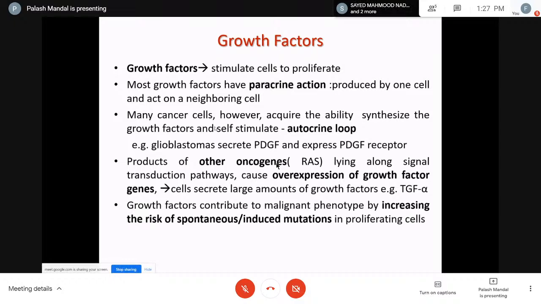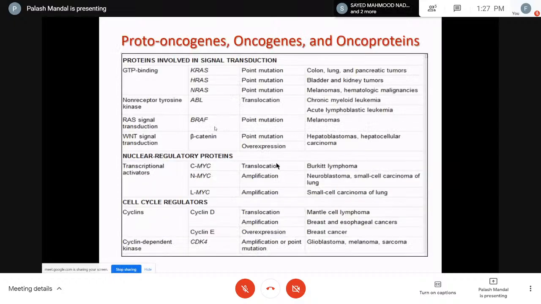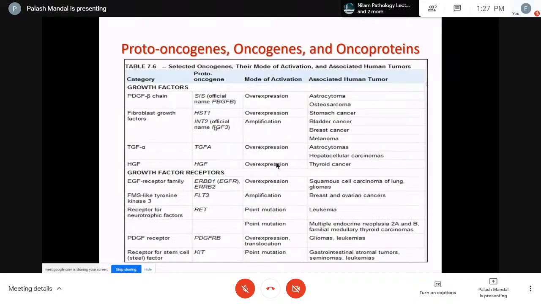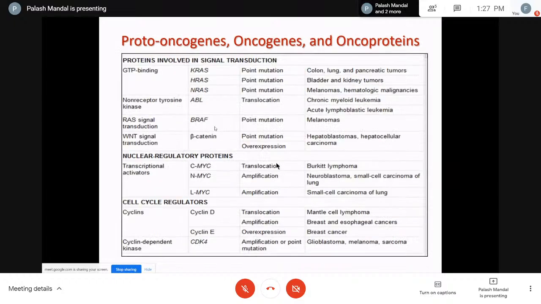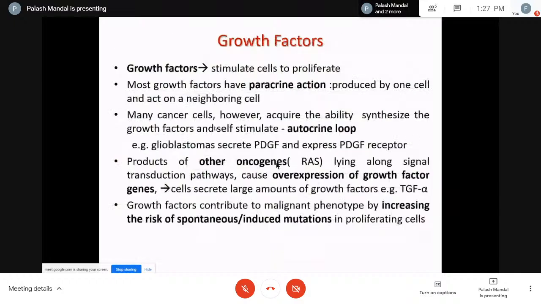So you see, where does RAS fall? RAS is a signal transducing protein. Okay. So what does it do? It leads to the overexpression of growth factor genes, because growth factors have to come.